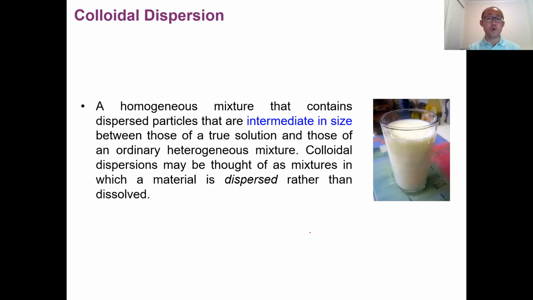Now, since we're talking about solutions, we want to briefly mention another type of homogeneous mixture that is slightly different from a solution, but might sometimes confuse us or be hard to tell apart, called a colloidal dispersion, or colloid. Colloids differ from solutions because the particles dispersed in the solvent are slightly bigger than particles in a solution.